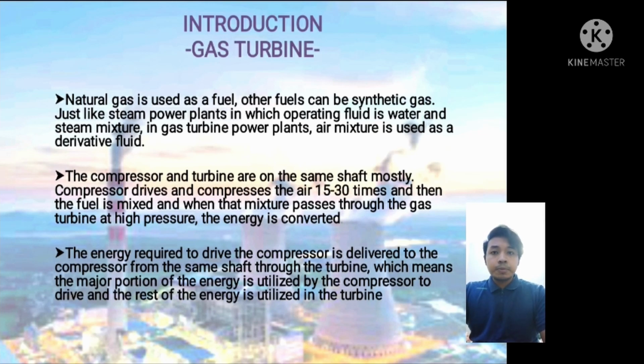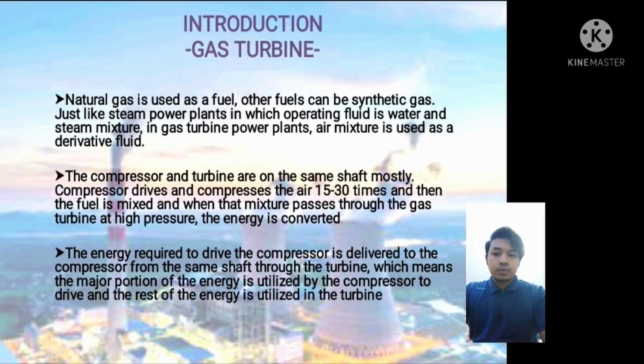A major problem in the operation of gas turbine power plants is that when the exhaust is being ejected, its temperature is 400 to 500 degrees, which can cause atmospheric pollution, and a lot of energy is wasted.